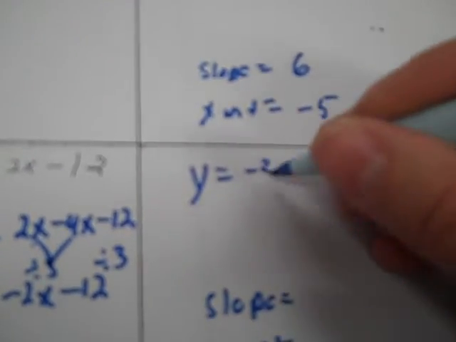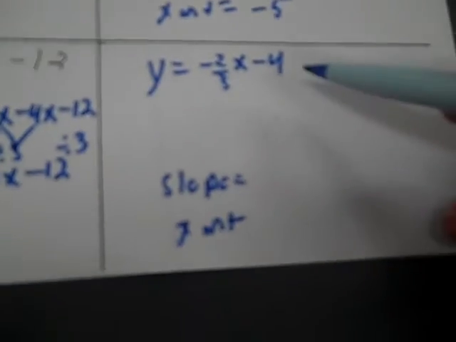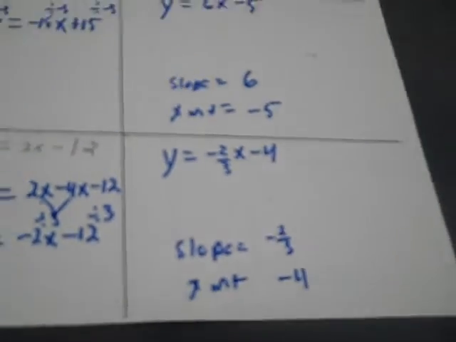So 3 divided by 3 is 1, but 1y is like having y by itself. Negative 2 divided by 3 is a decimal, so I keep that negative 2/3 x. And then negative 12 divided by negative 3 is negative 4, so minus 4. So the y-intercept is negative 4, and the slope is negative 2 over 3.